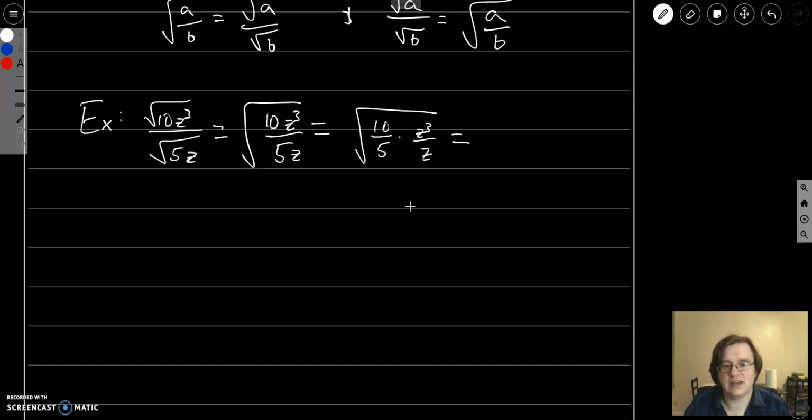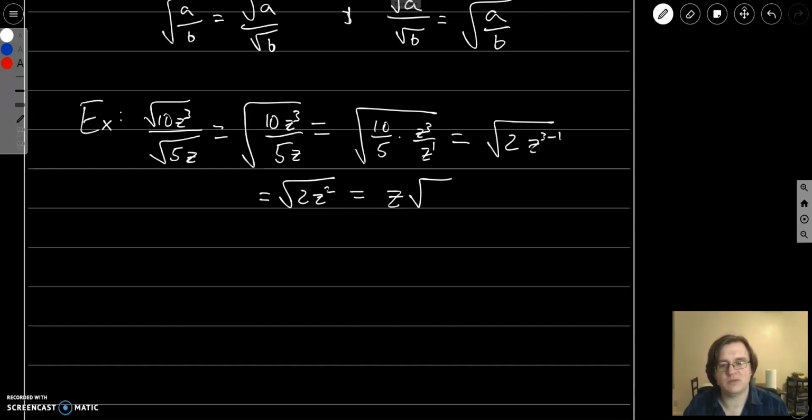Using what we learned last time, we'll see that 10 divided by 5 is just 2, and z cubed, z to the third power, divided by z to the first power, is going to be z to the 3 minus 1 power, which is just going to be z squared. And then just like we saw before, z squared, I can break this apart, and the square root of z squared is just going to be z, and what we're left with is 1 square root of 2 at the end. And I'll continue talking about square roots in the next video.